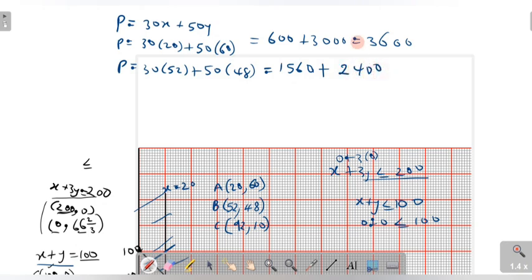So I'm going to add them together. That's 3,960.